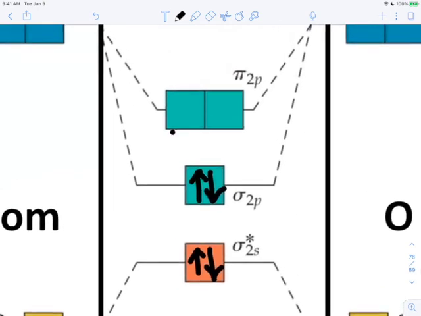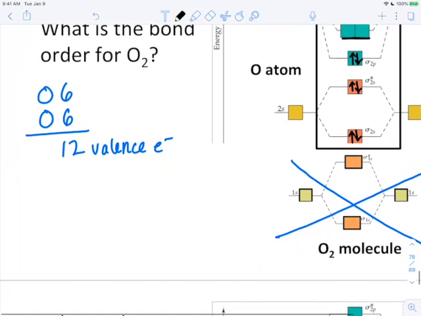And now notice you have two orbitals at the same level. That's very similar to the way we did our p's. So let me just remind you how we did our electrons when we were doing just the electrons for one atom.